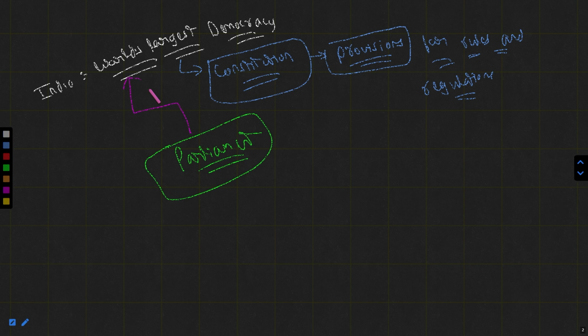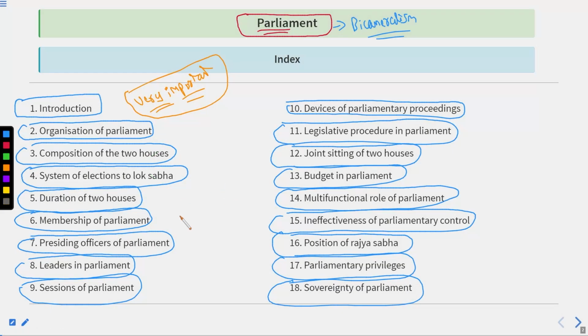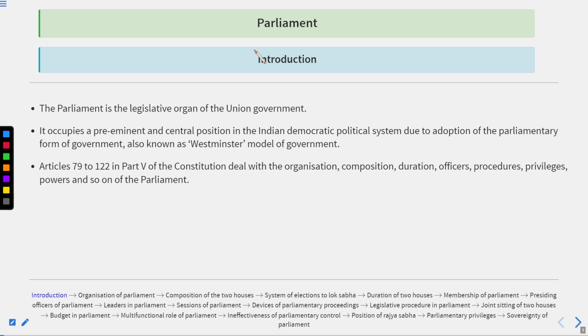So that's why it becomes important to know about the parliament and to discuss it in a proper manner. All right, so let's start with the introduction. The first thing you can see is that the parliament is the legislative organ of the union government.